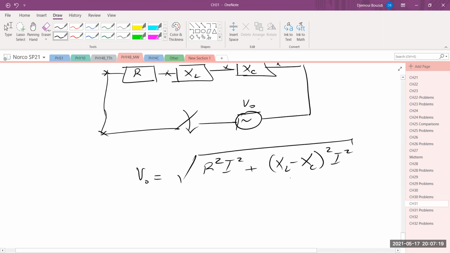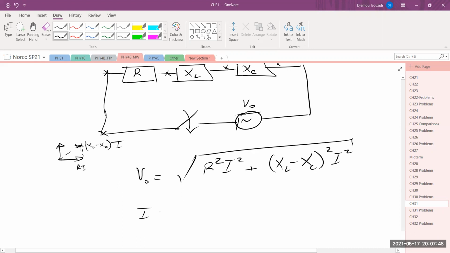So I already took care of the fact that I have a 90-degree angle in here by assuming that this is along the x-axis, and the difference between the two is along the y-axis, and this is the Pythagorean Theorem in this case. The voltage in here is Ri, and the voltage in here is XL minus XC times I, and this is the actual voltage that I'm looking at from the power source.